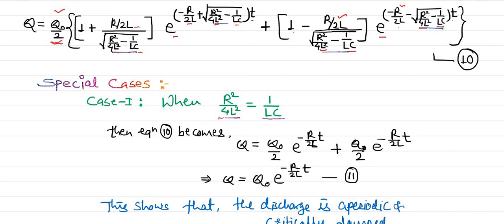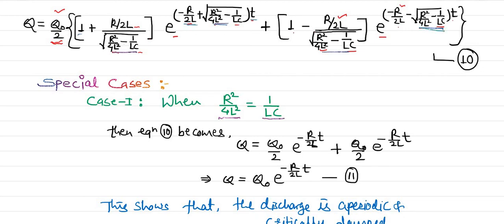Again, R squared by 4L squared is equal to 1 by LC. And therefore, what happens here, we will take only this value. So here it becomes 0, and therefore the exponential of only this term will survive: minus R by 2L into t.